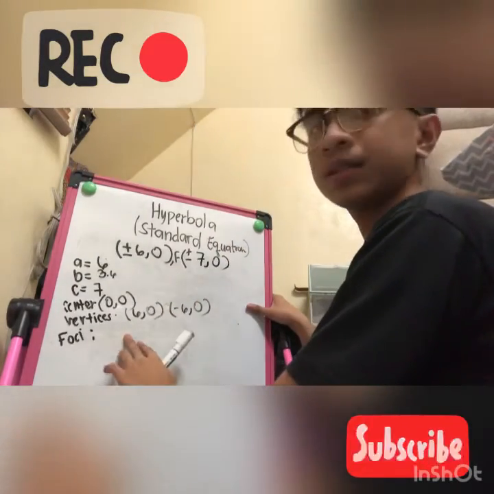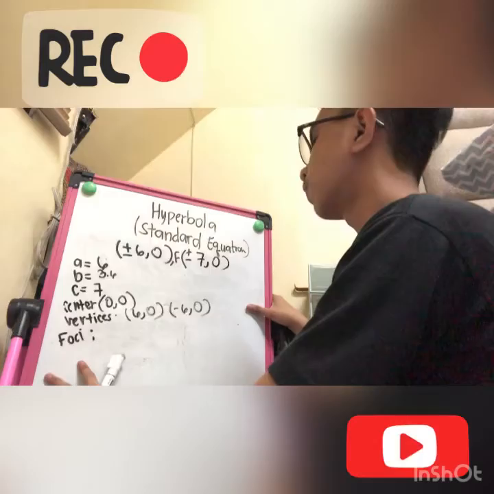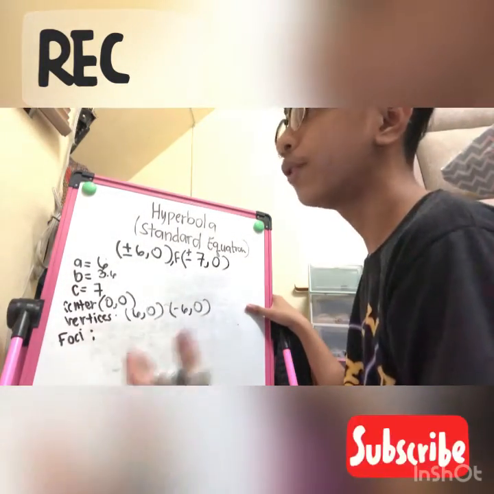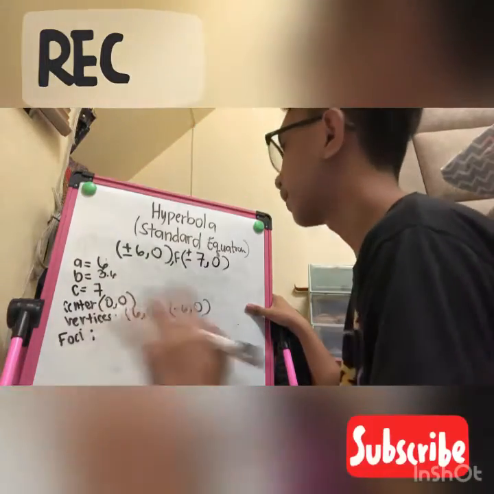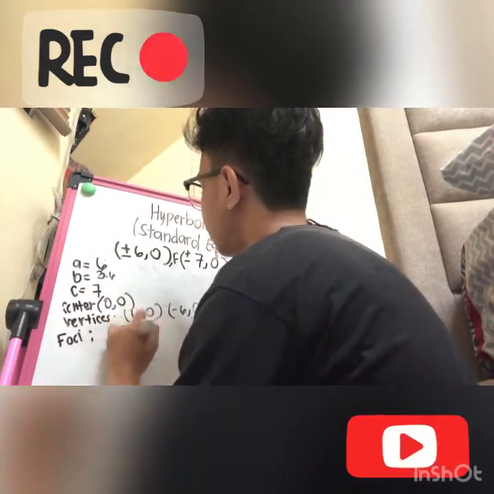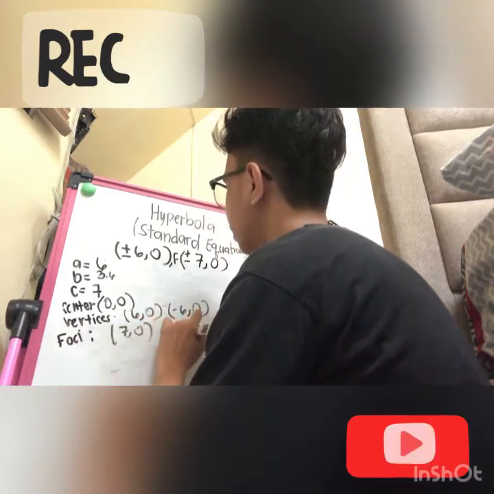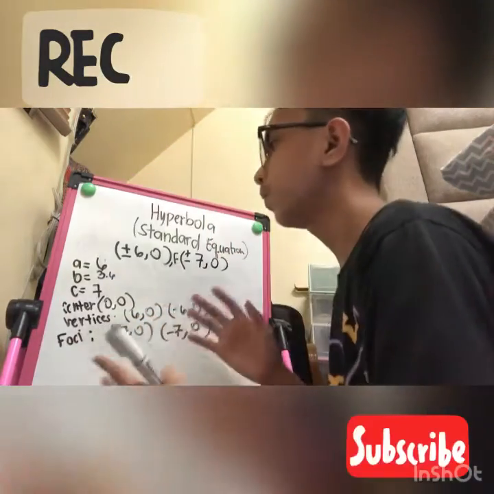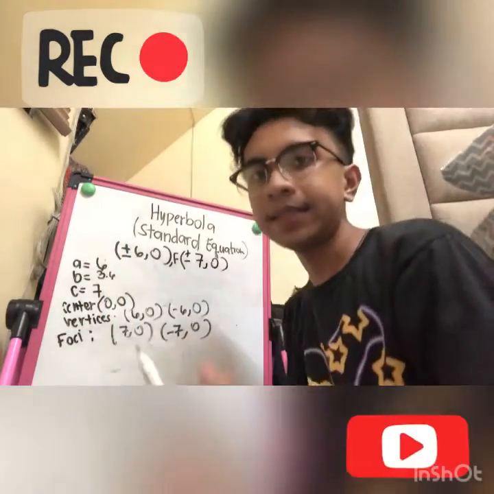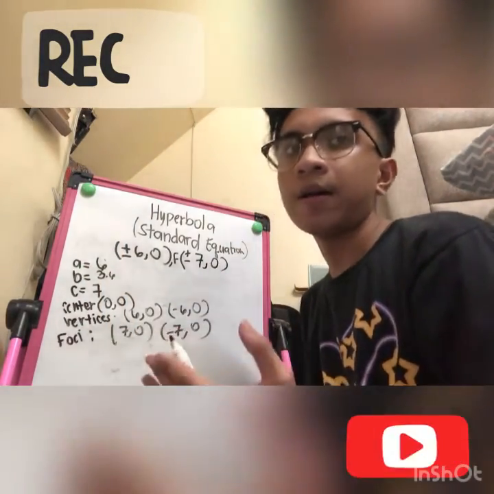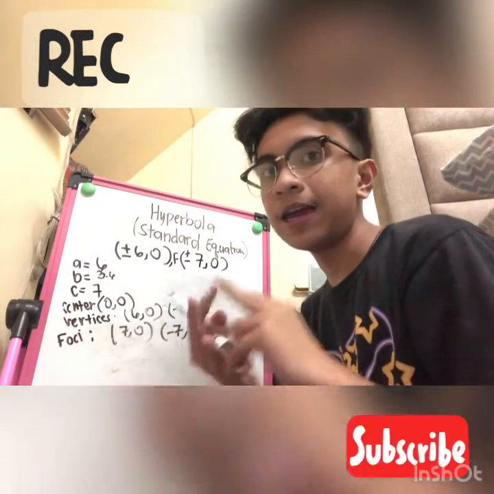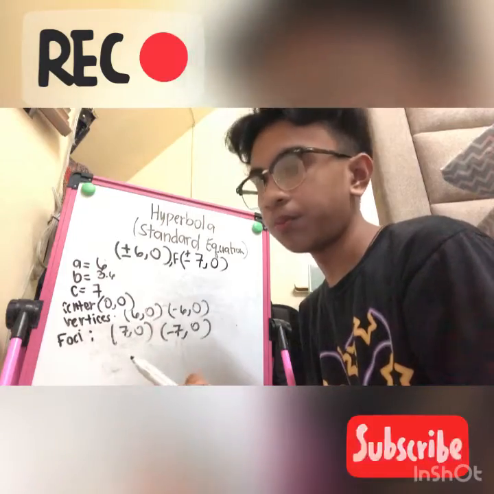For the foci, with the given coordinates, the foci are (7, 0) and (negative 7, 0). Now that we have identified these, we can identify the transverse axis, the conjugate axis, and the latus rectum.